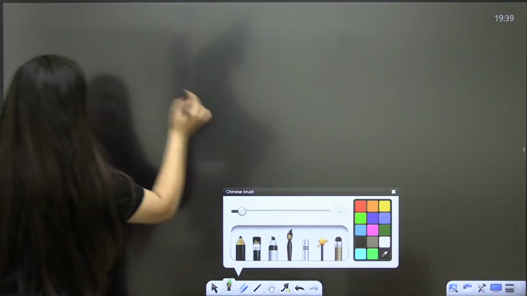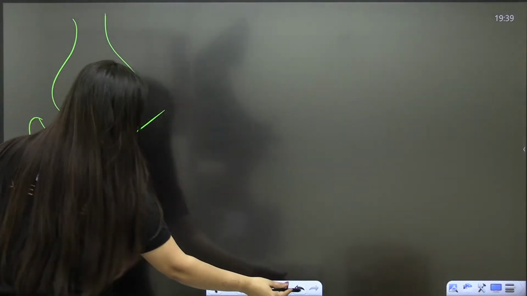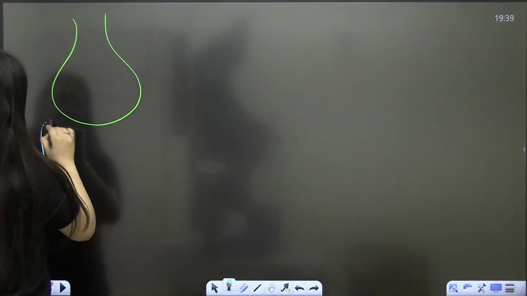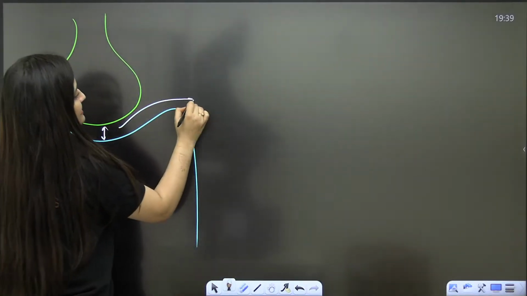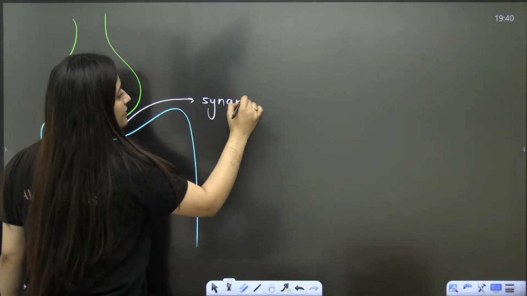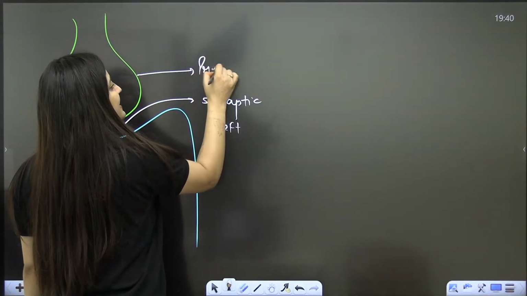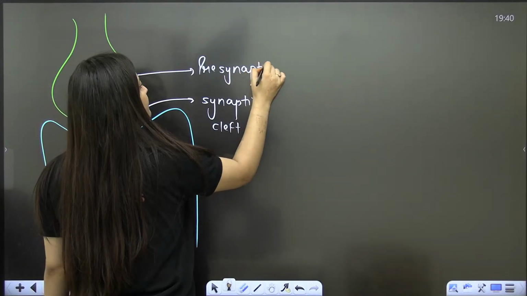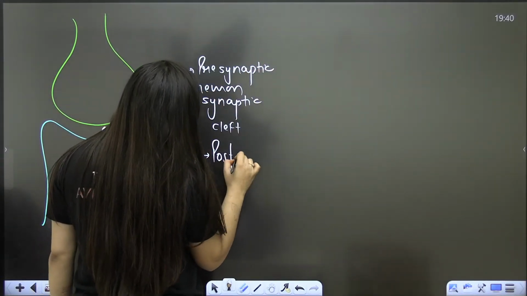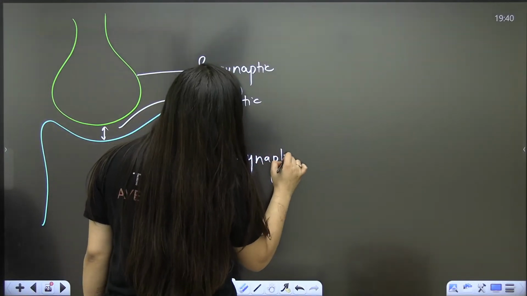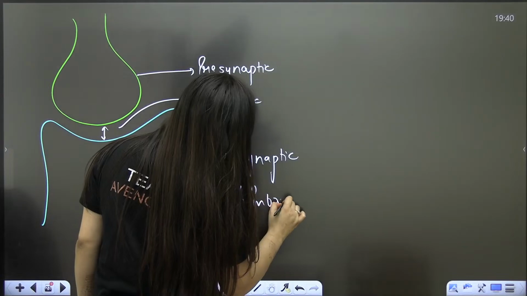So here I'm making it again. Let's say this is the ending of one neuron, and this is the dendrite of the next. Here they are having a space in between. This space is the synaptic cleft. This is your presynaptic neuron membrane, and this one is the post-synaptic, after synapse, post-synaptic neuron membrane.